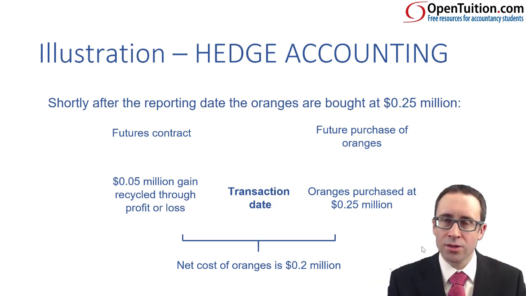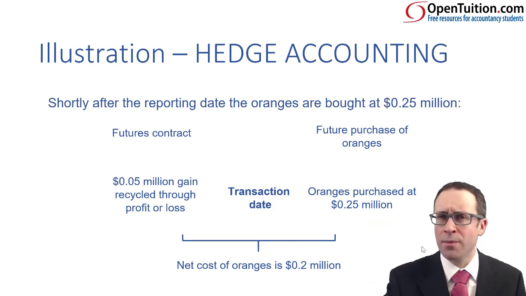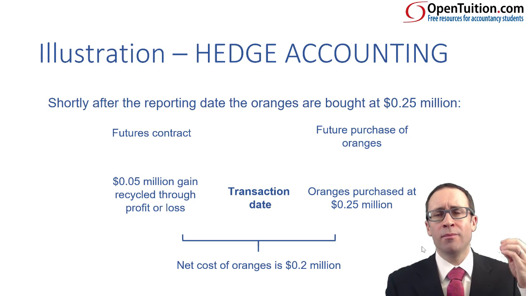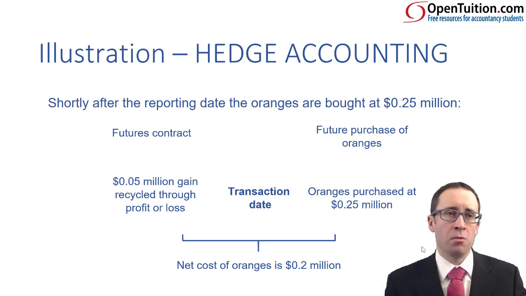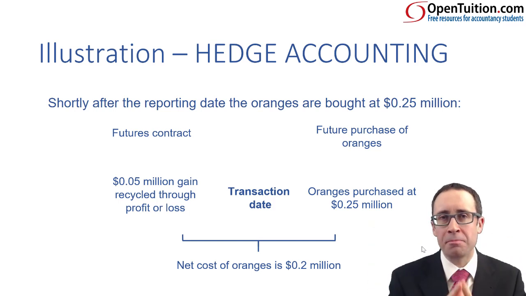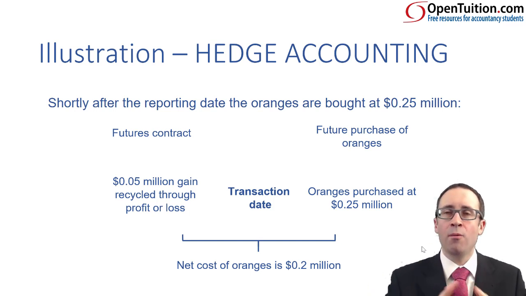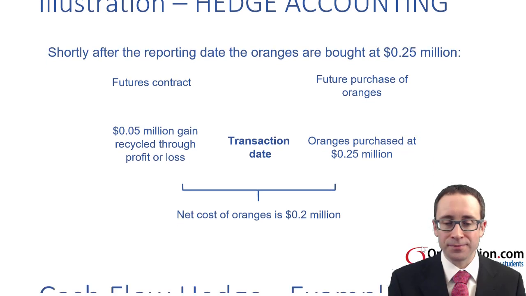A loss on the contract will be offset by a gain on the oranges. If we bought the oranges cheaper, we have placed a bet on the price going up. We've lost our bet. So even though we've got a gain on the oranges, we still have the loss on the bet, and they would net off. Keeping it as simple as it could possibly be, it just gives you an idea of how it works and how it all pieces together.